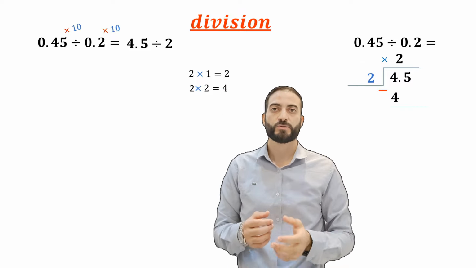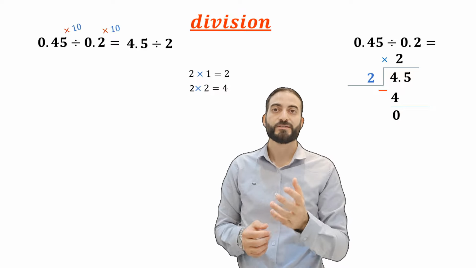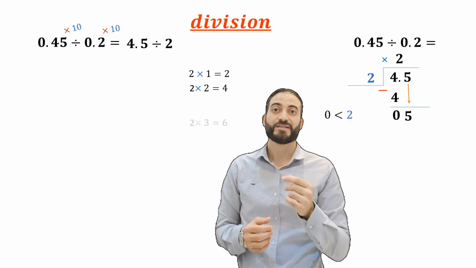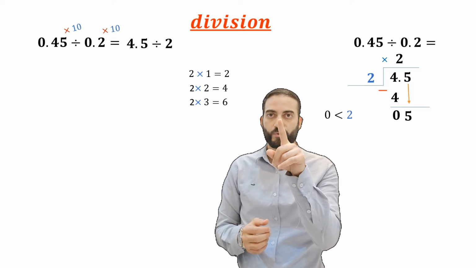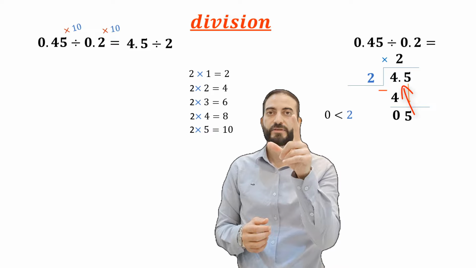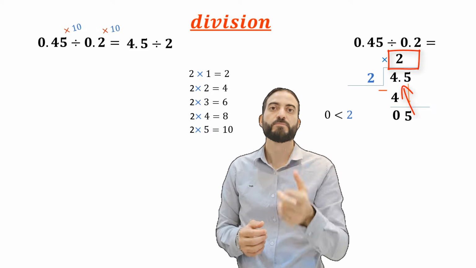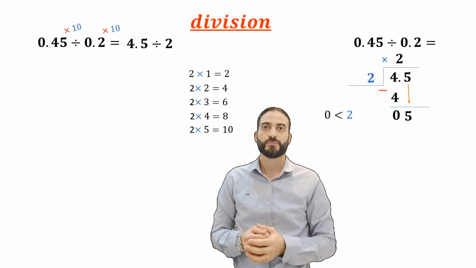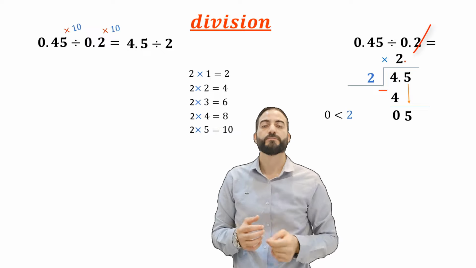Now we do a subtraction, so we get 0. Because 0 is less than 2, so we put this 5 here. But as we see that there is a point here, this means that the quotient must become a decimal number. Because there is no point in the quotient, we put this point.